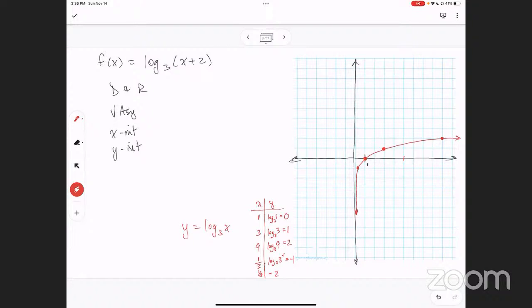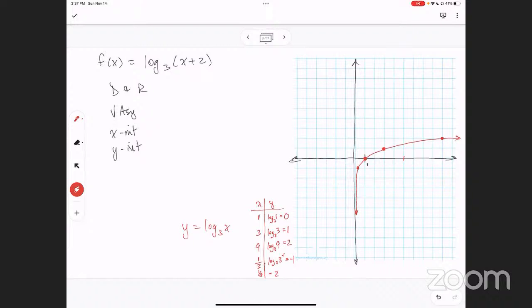And notice that it goes off, not exponentially, but logarithmically. What this really is is a flip of that exponential graph that we've had in the past. So it's a flip over the line y equals x. Understand what I mean by that?